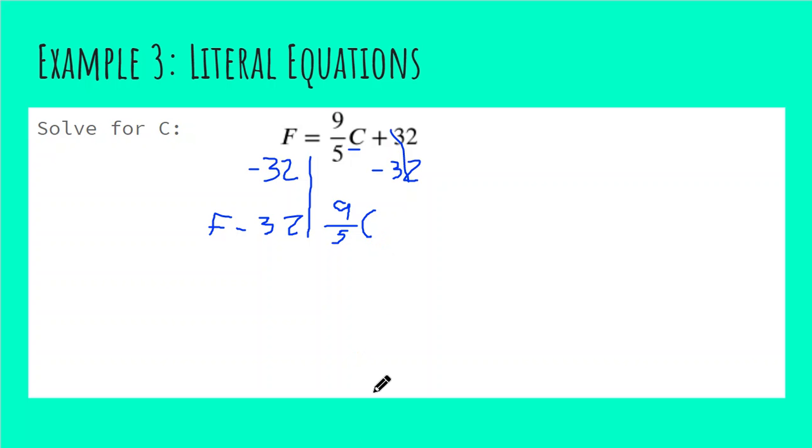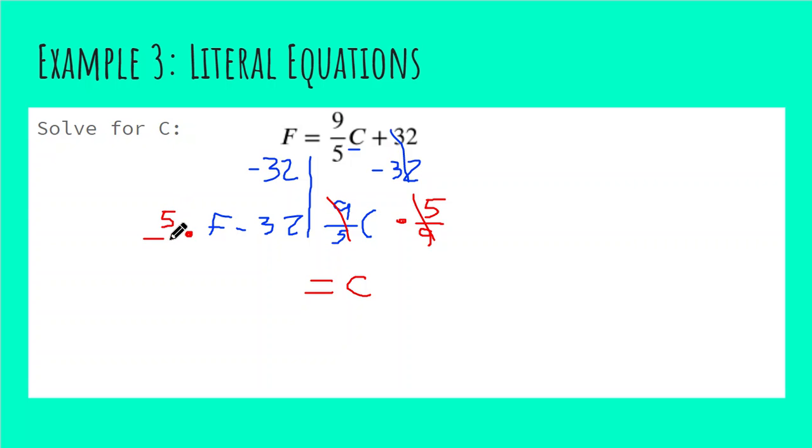So I still want to get that C by itself. And I know if I have a fraction as a coefficient, I have to times it by the reciprocal. So that means the bottom number goes to the top and the top number goes to the bottom. You're flipping the fraction to cancel these out on this side and leave us with the variable C. I have to do the same thing to the other side. I have to times this by the reciprocal.